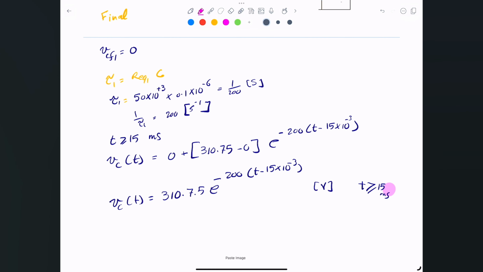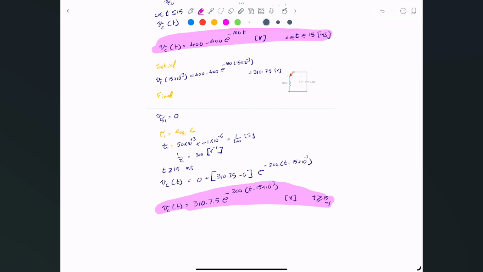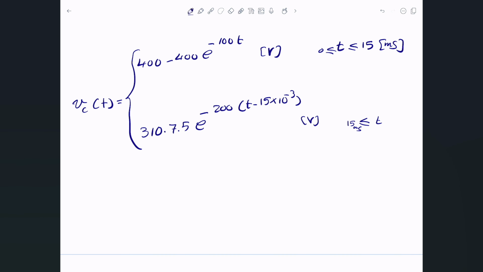We'll highlight this, and I think we have everything we need to sketch how the voltage across that capacitor behaves. These are the two pieces in here. If I combine these two pieces, this is how it will look. Between 0 and 15 milliseconds, we have this particular function that describes VC of t, and after that, this is how it looks. So if we want to sketch it, it will become something similar to this. We have the t-axis, and we start at t exactly 0.